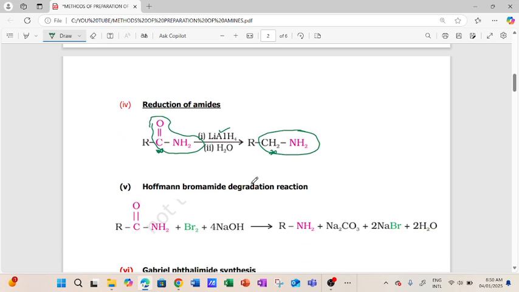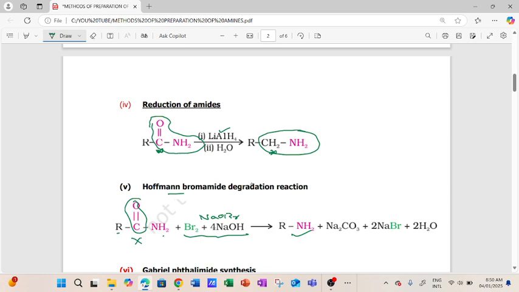But the same amide, by doing another reaction called the Hofmann bromamide degradation, using bromine and alkali, and instead of bromine plus NaOH we can write NaOBr as well, in this reaction the CO part will be deleted and we get RNH2 as a product.